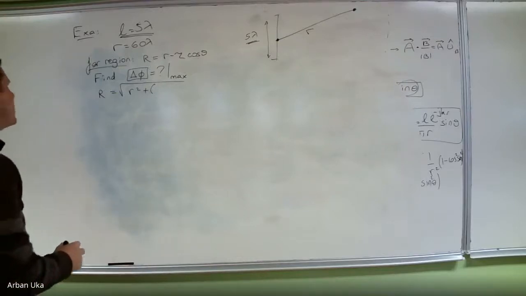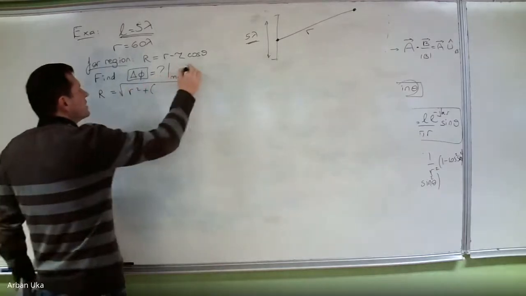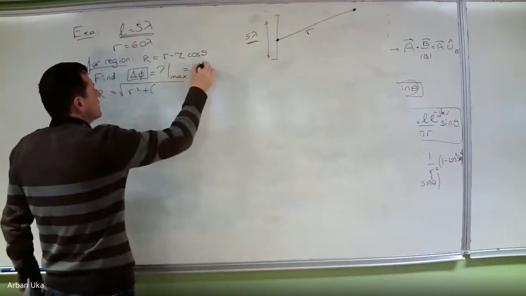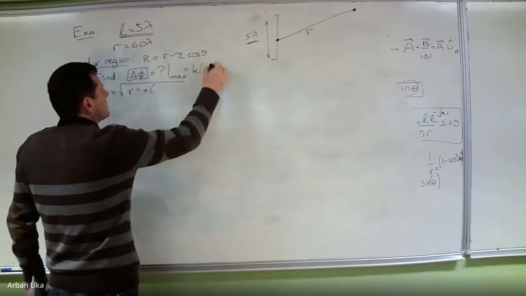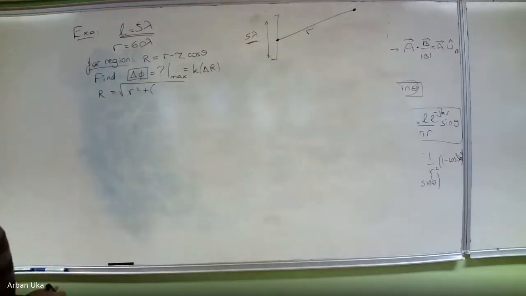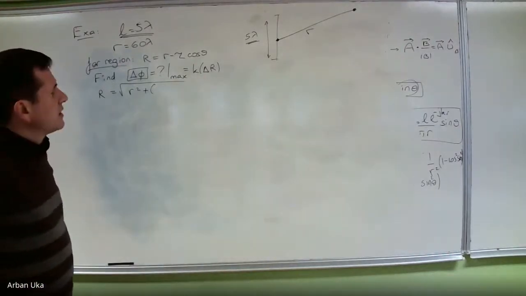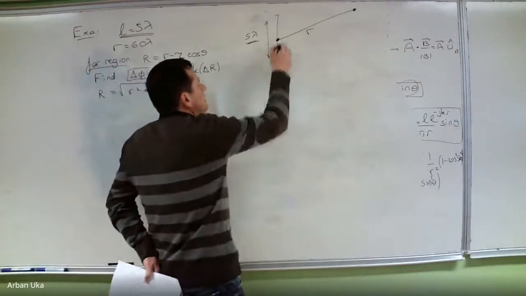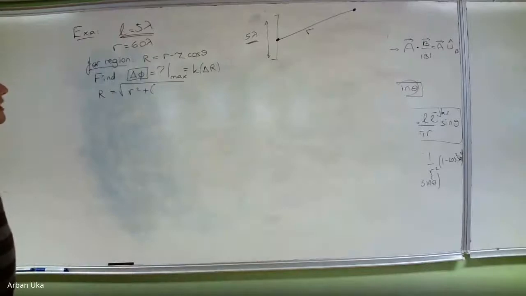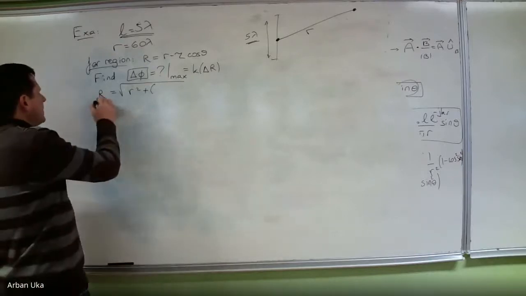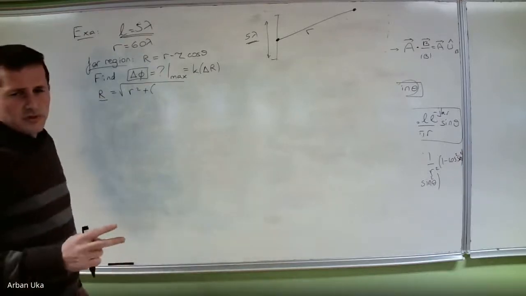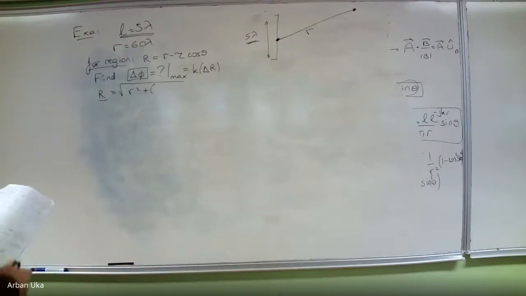And the maximum phase change, we are expecting to be something like K times delta R. Because we mentioned before that R would be just the distance between the center of the antenna and the point where we're doing the observation. We're going to calculate this with respect to the expansion of the R, and in the expansion of the R, we're just assuming the first two terms since we are in the far field regime.